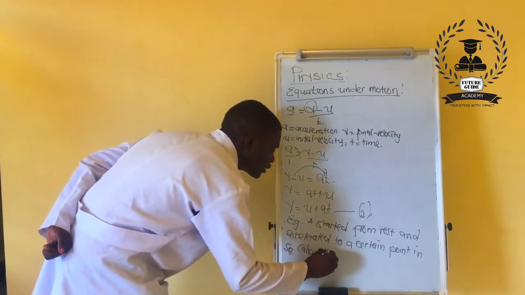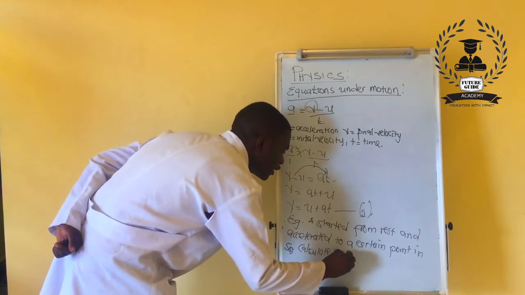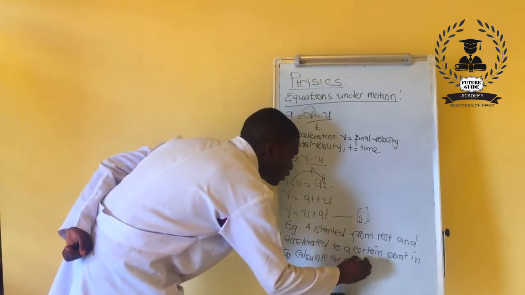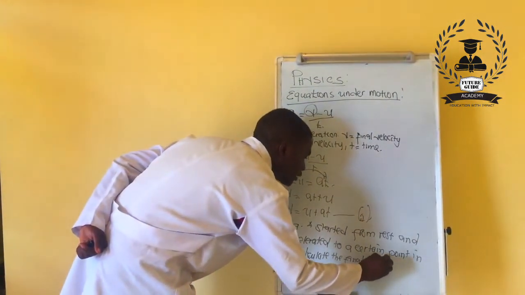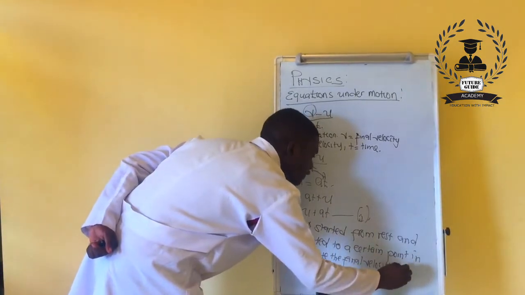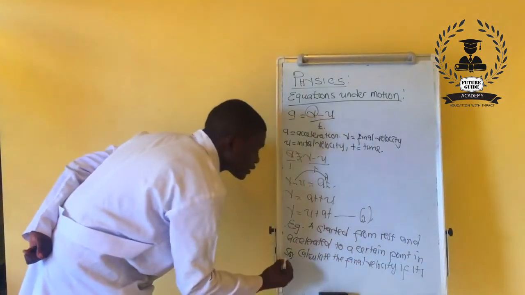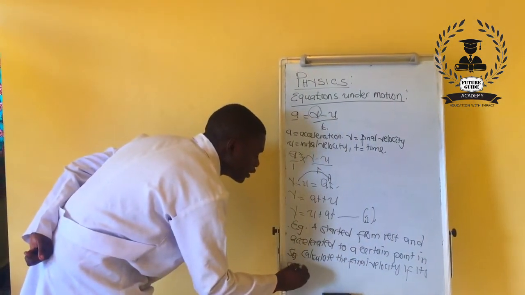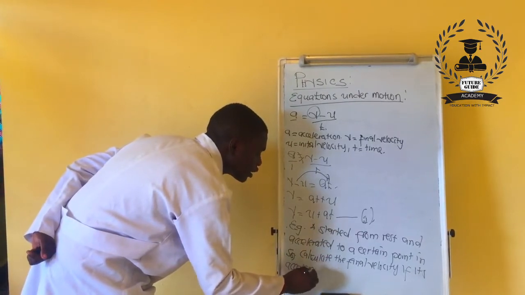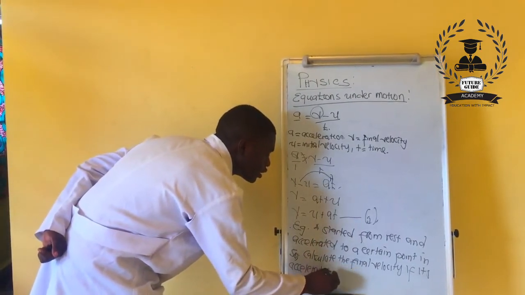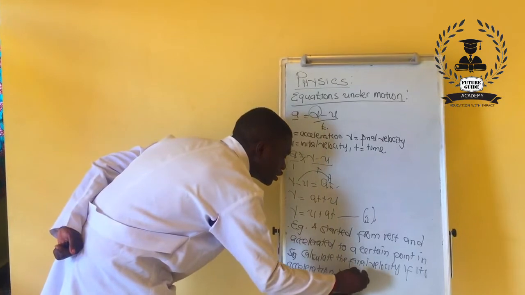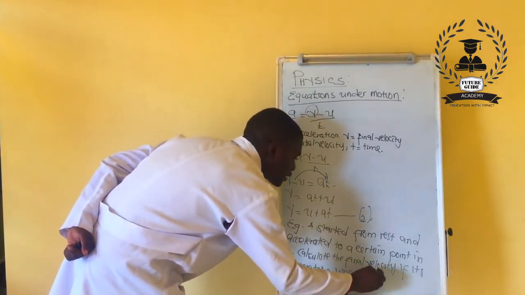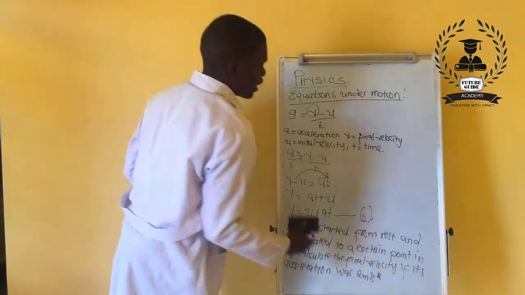Calculate the final velocity if its acceleration was 2 meters per second squared.